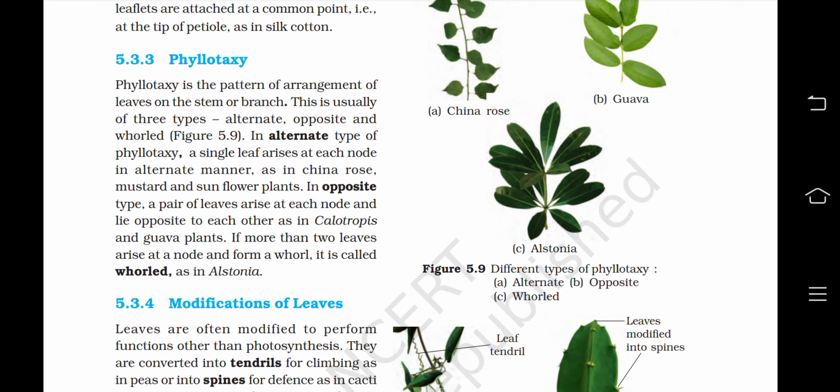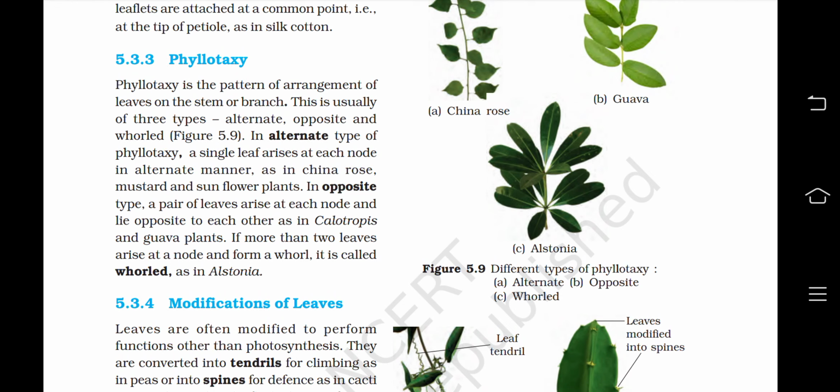In the alternate type of phyllotaxy, a single leaf arises at each node in an alternate manner, as in China rose, mustard and sunflower plants, which you can see in figure 5.9a.